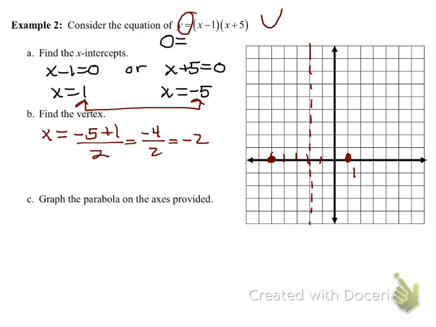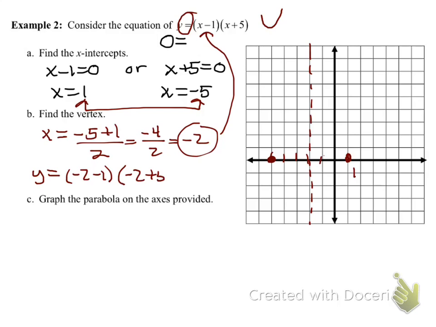Right? So to find the y, we just take this negative 2 and plug it back into the equation. So y equals negative 2 minus 1 times negative 2 plus 5. Negative 2 minus 1 is negative 3, times negative 2 plus 5, which is positive 3.